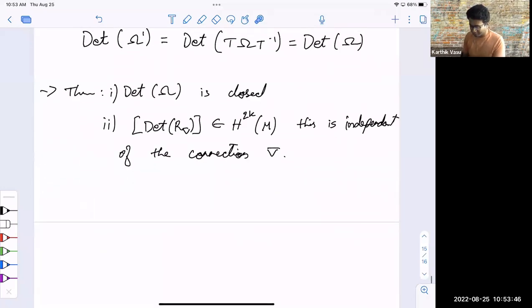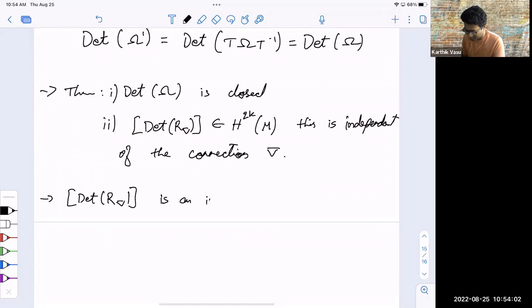So essentially this is just an invariant of the bundle. So there were no choices involved in defining this. So it's an invariant of the bundle like this. Right.